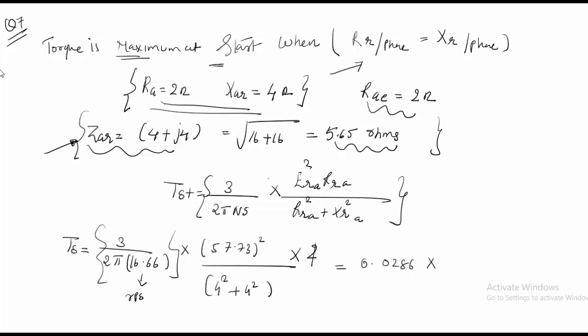So you will get a starting torque of close to, something like, 9.551 into 57.73 whole square into 4 divided by 32.